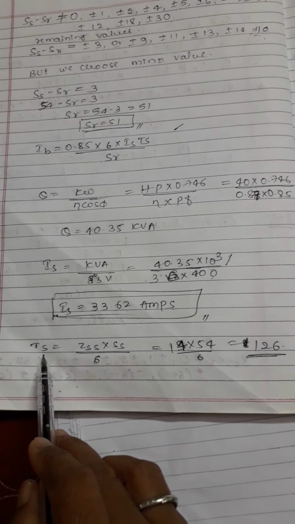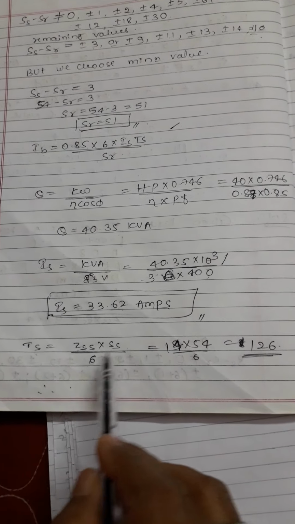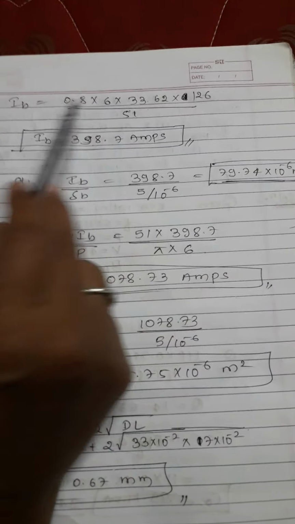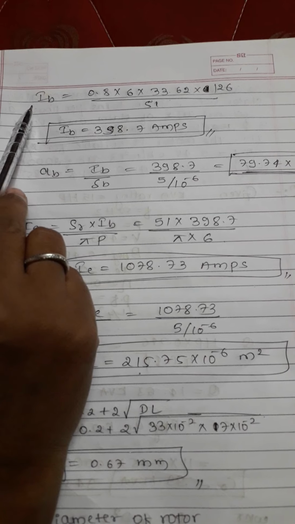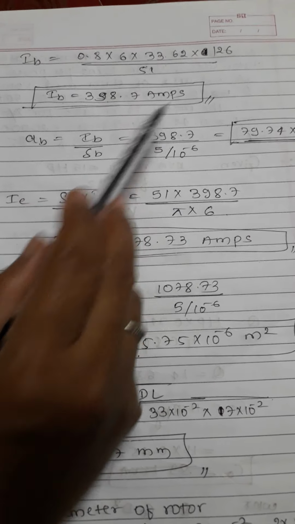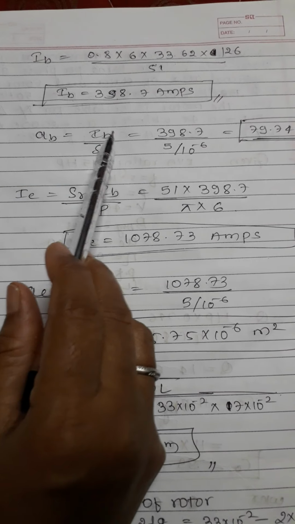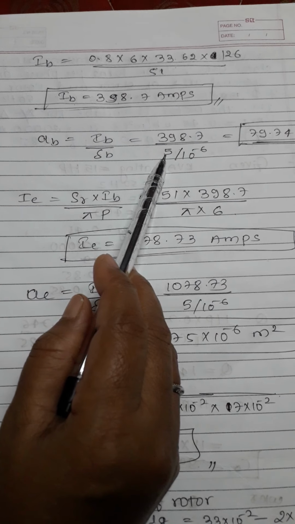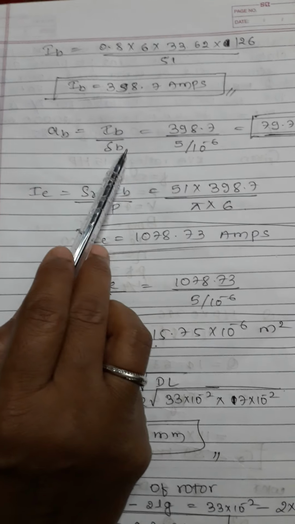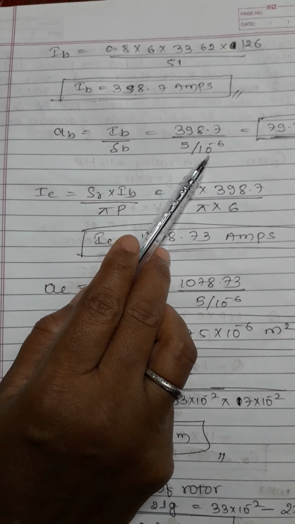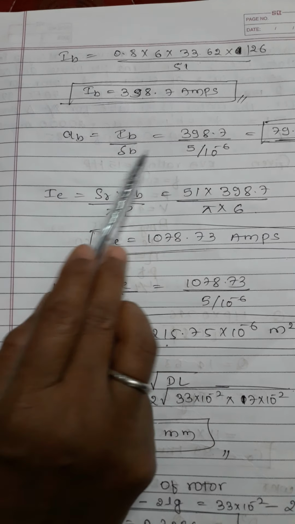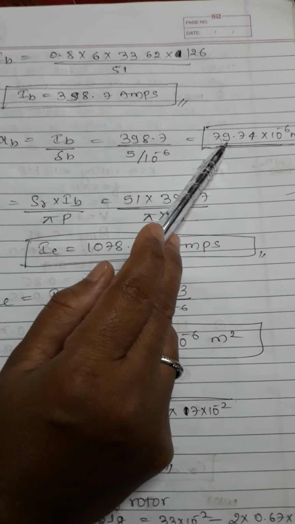From this TS also we have to find out: ZSS, SS upon 6, we got 126. Now substitute all in the IB formula. Then IB we got 358.7 amperes. In the same way AB is IB upon delta B, with 10 raised to minus 6 we will get the AB.